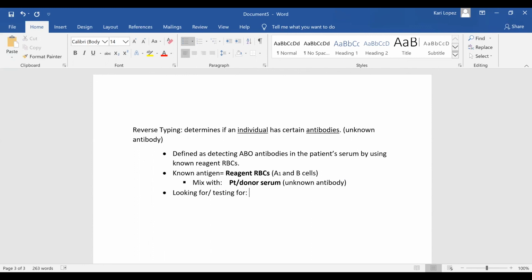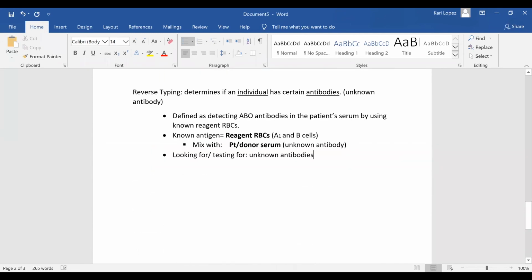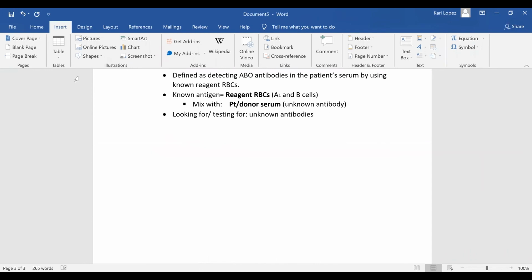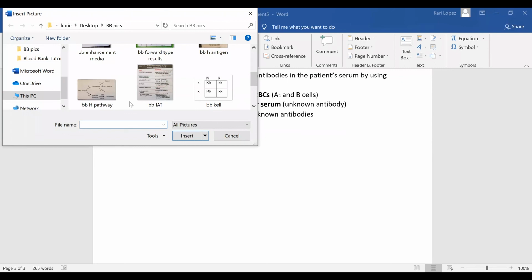We are going to be looking for unknown antibodies. And now I will put in on the results chart. It's going to be the opposite of your forward typing.